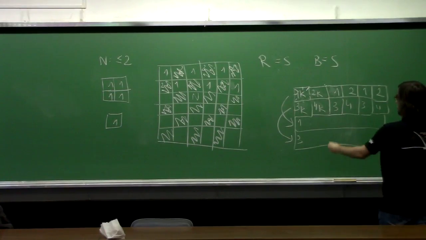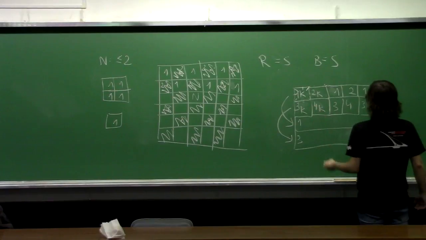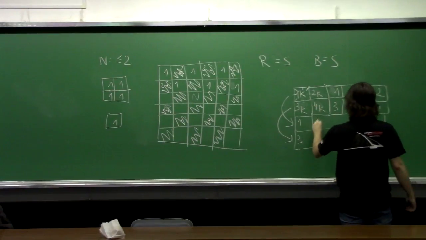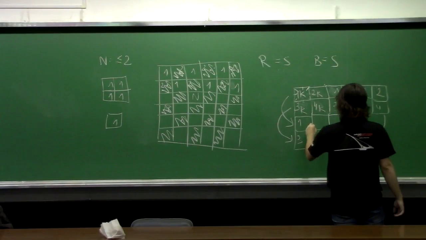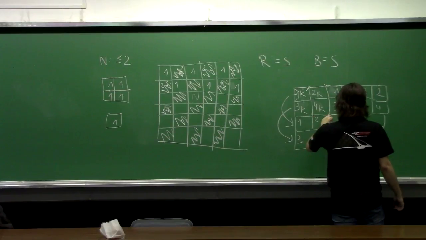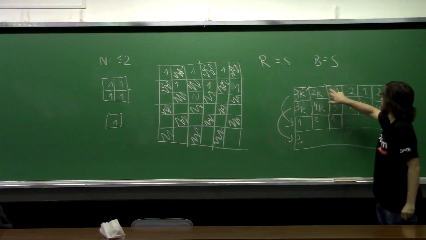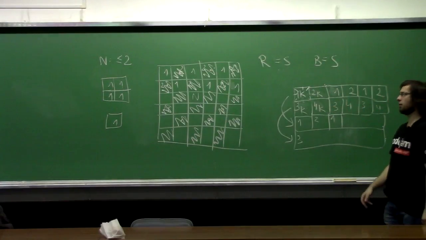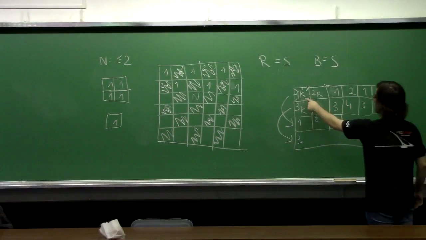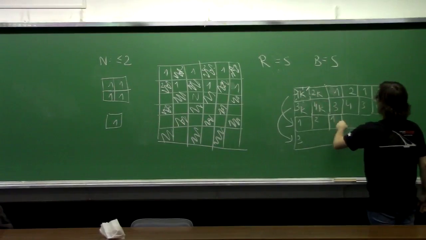And we can see that if we have a king in some square, then all the neighboring squares, all the squares it attacks, have kings that are in different teams.